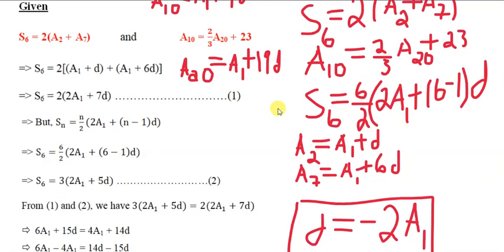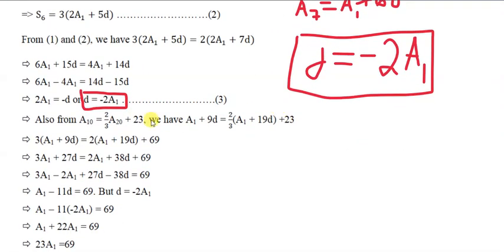Now let us proceed here. From a10, which is given as such, we have a10, as we already saw, a1 plus 9d, equal to 2 over 3 times a20, which is a1 plus 19d, and then plus 23. Now let us make this one linear. That means multiply both sides by 3.